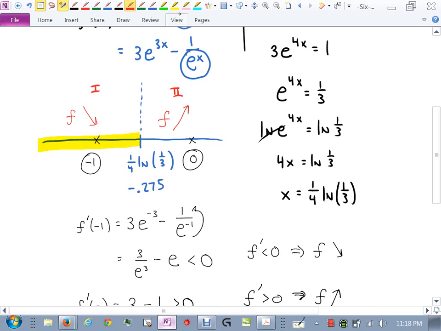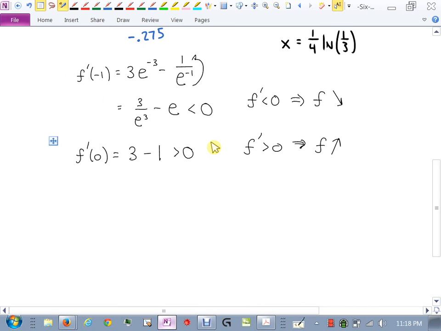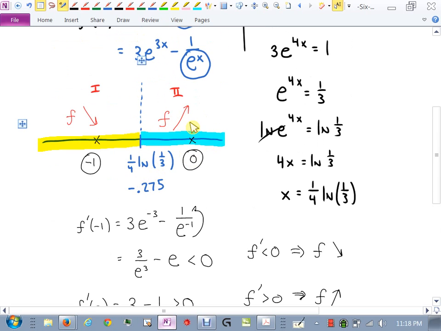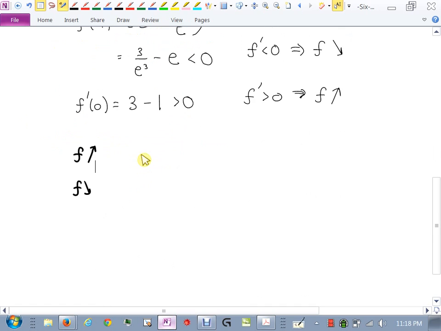So I think I can answer the first question. I wanted to know where it's increasing and where it's decreasing. So my original function, f, is increasing over here, which started at the 1/4 natural log 1/3.